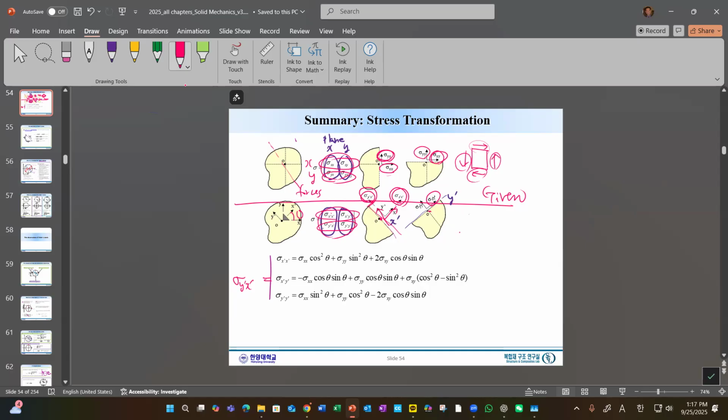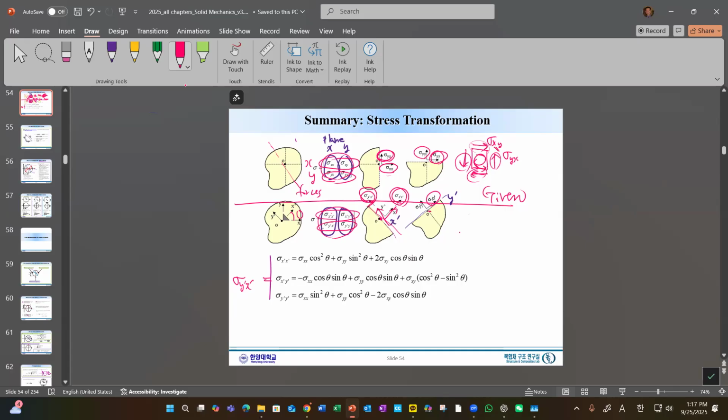But the one thing is we have to have another equation, another equilibrium, which is the rotation. So of this two pair, one pair will rotate this way, and the other will rotate that way. So that's why we can simply say that sigma xy and sigma yx have to be the same.